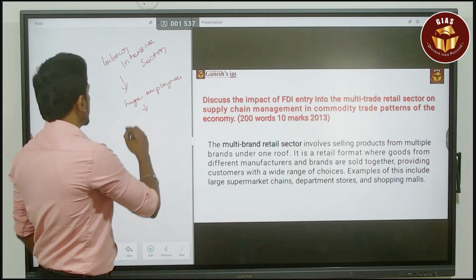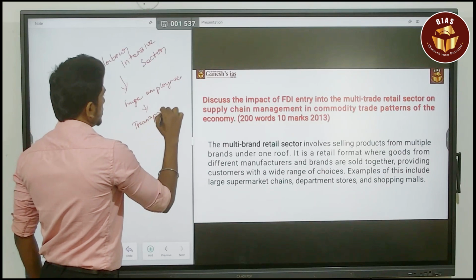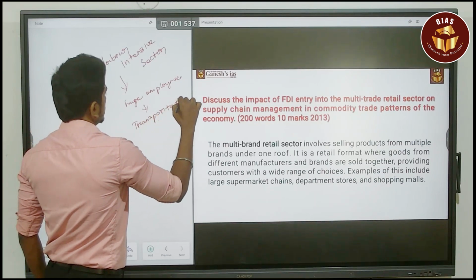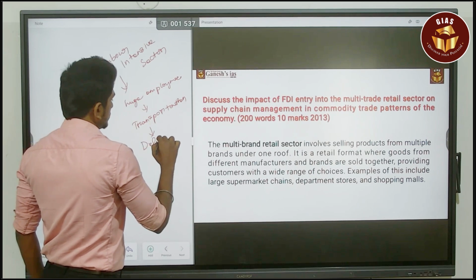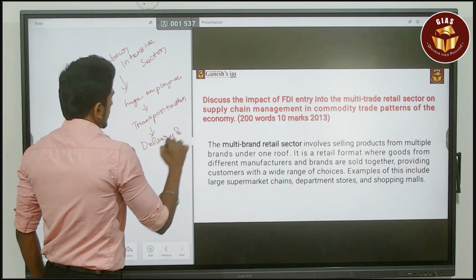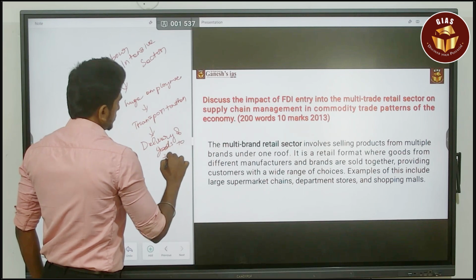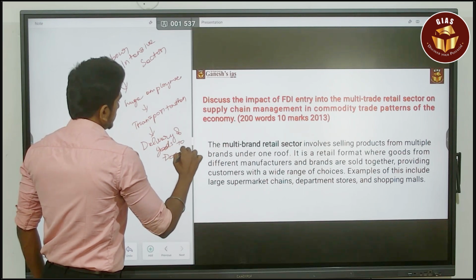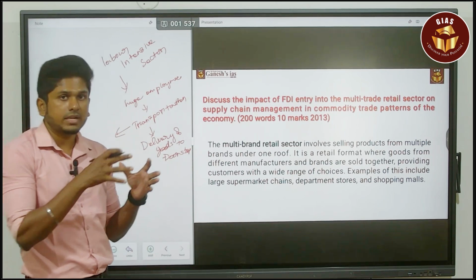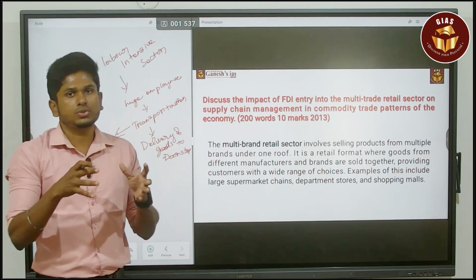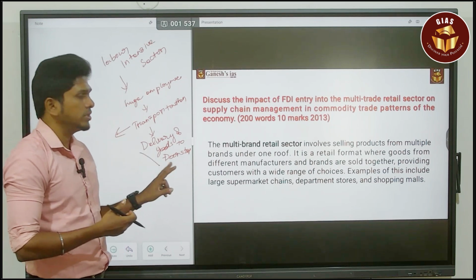Next major employment opportunity comes from the transportation of these goods and also delivery of the goods to the doorstep. Transportation means transporting bulk goods to the regions. Next is delivery of the goods to the doorsteps.